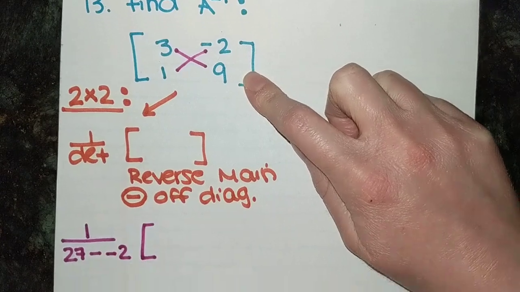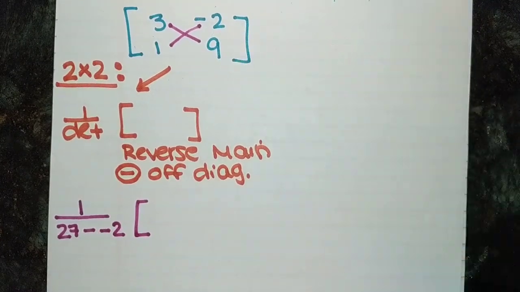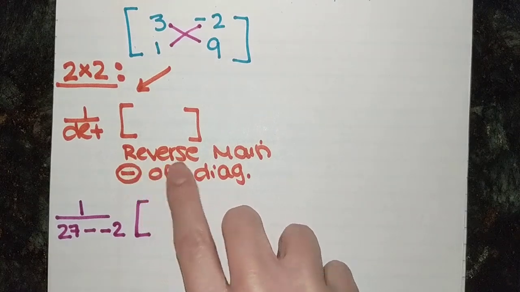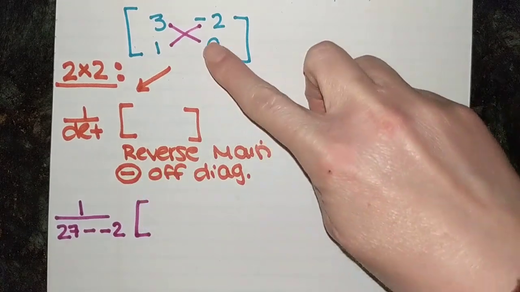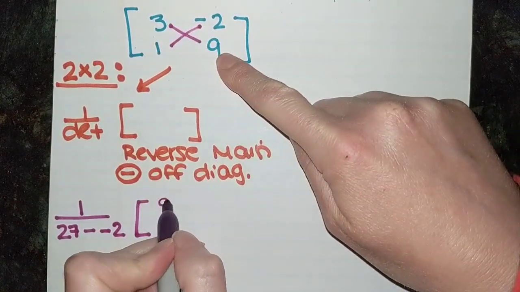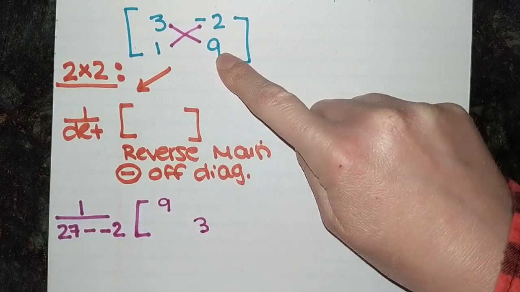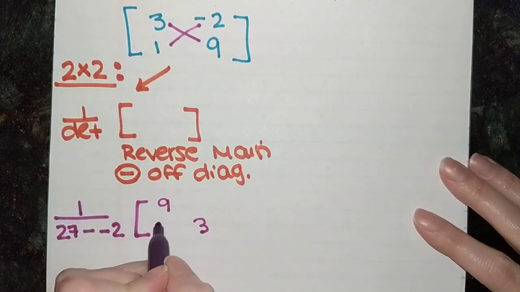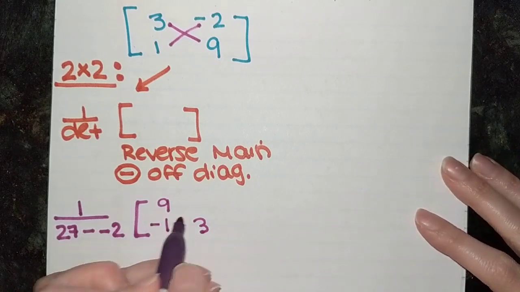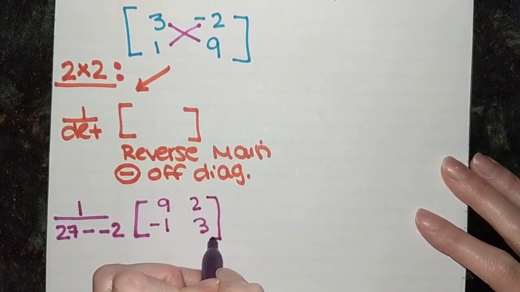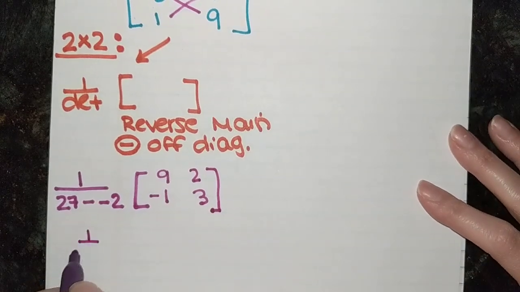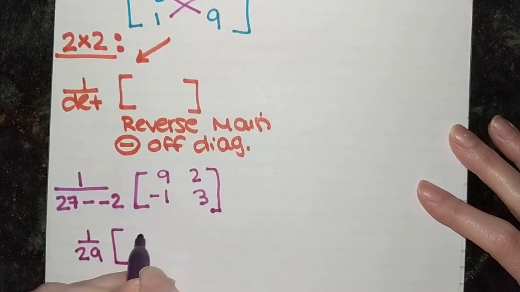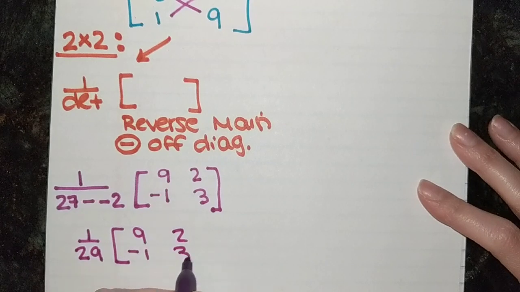Then you would multiply that by this new matrix where you switch the main diagonal, so 3 and 9 are going to flop positions to give you 9 and 3, and then you keep the off diagonal as it is, but you change signs, so it's going to be negative 1 and positive 2. So of course this is 1 over 29, and then 9, negative 1, and 3.